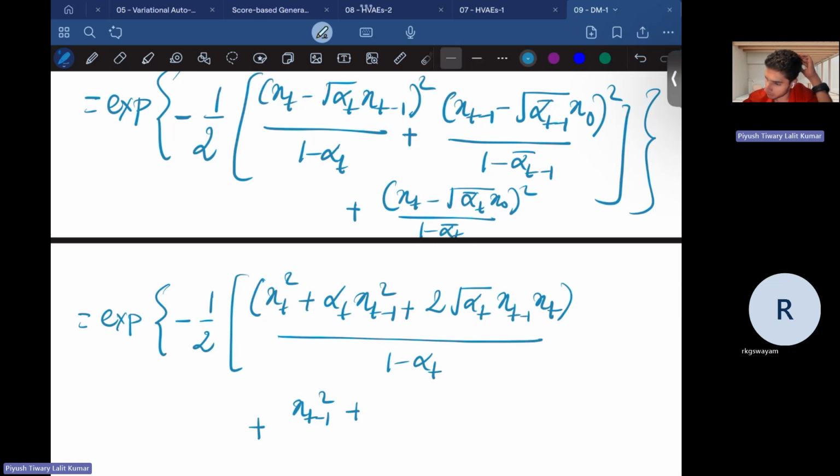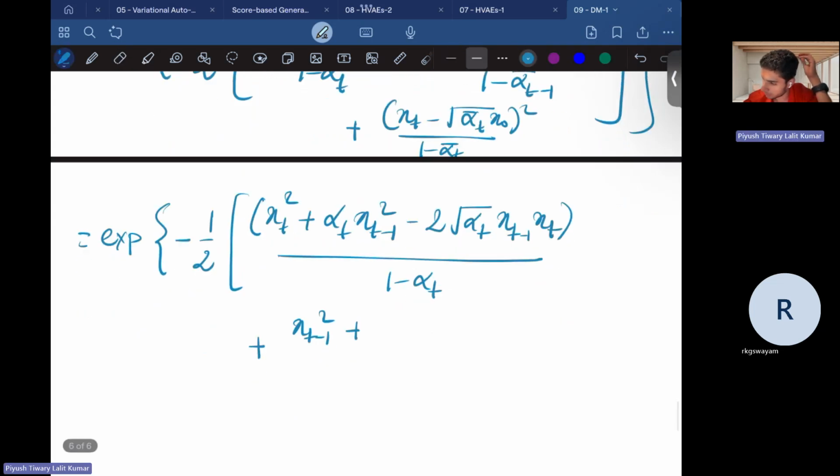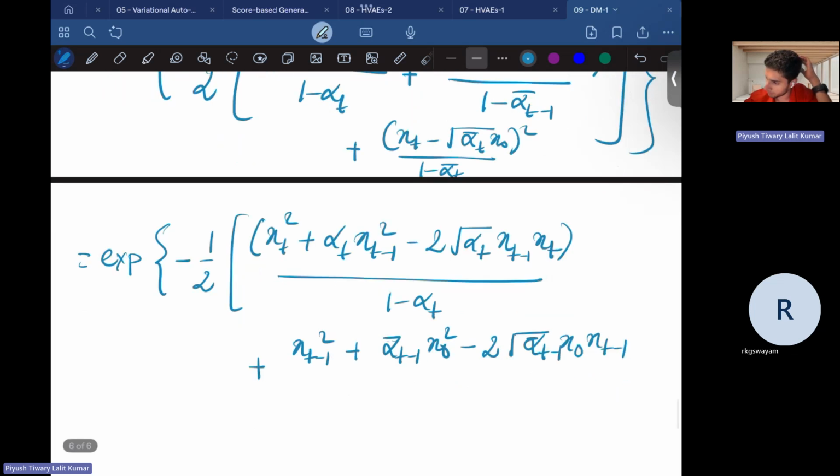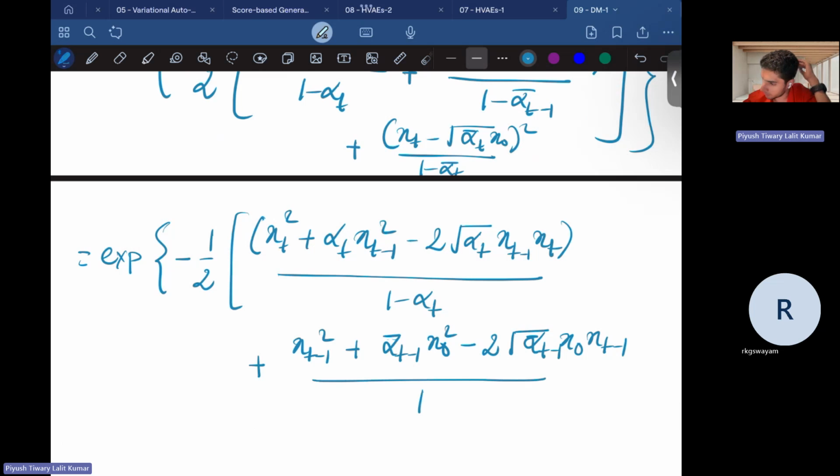This will be a minus somewhere. So the second term will be xt minus 1 whole square plus alpha t minus 1 bar x naught whole square minus 2 square root of alpha t minus 1 bar x naught xt minus 1, divided by 1 minus alpha t minus 1 bar.